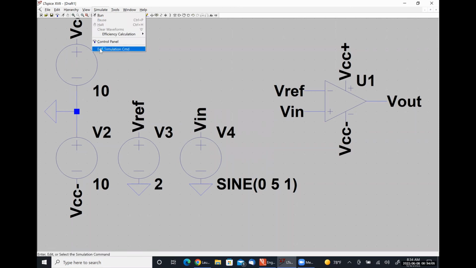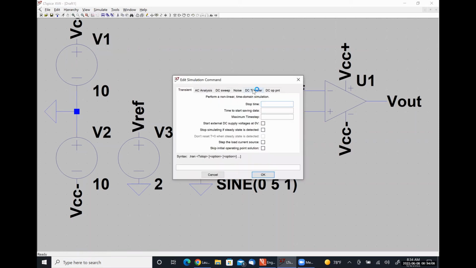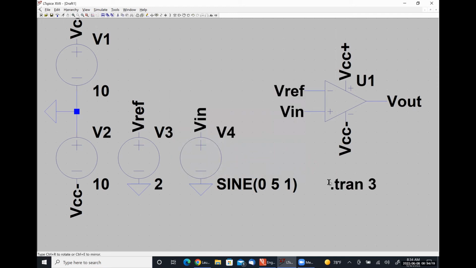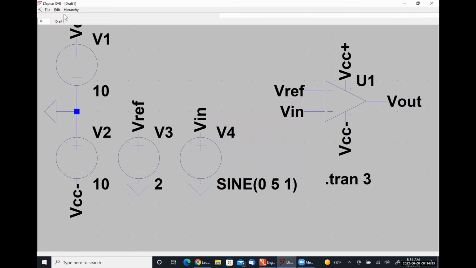I'm going to edit my simulation command, and we're going to do a transient analysis. I'm arbitrarily going to say 3 seconds here so that we'll see 3 cycles. Just place it somewhere on our schematic and press the run button.